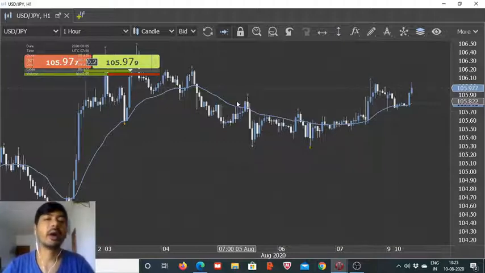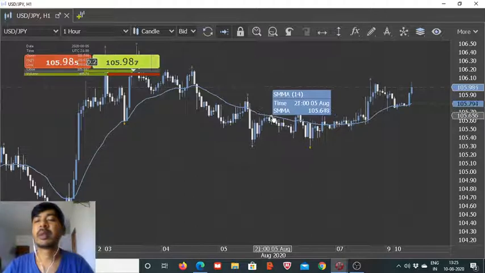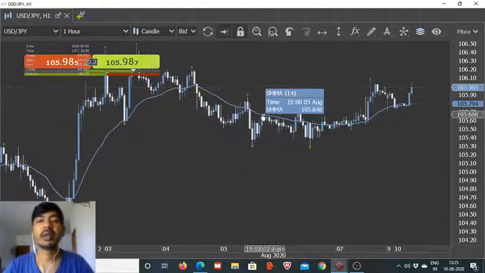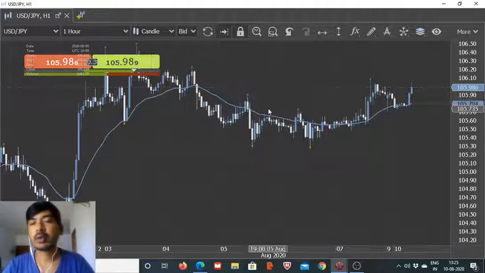Along with the price action side, you can also check whether the SMMA values are falling or on the rise. As I said, you can do that simply by comparing two SMMA values at different times.